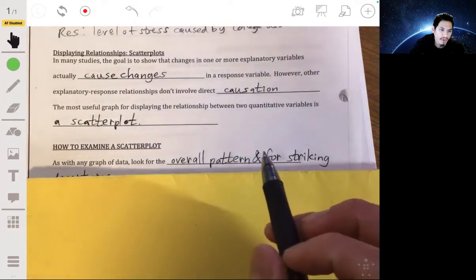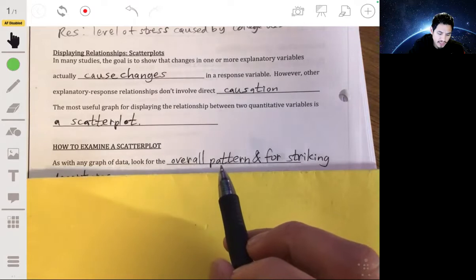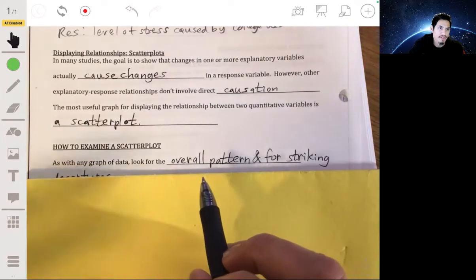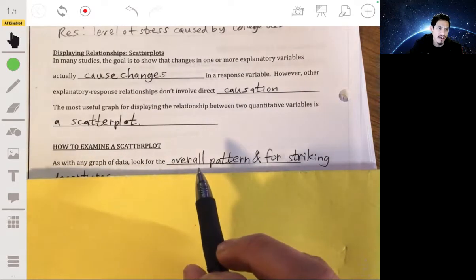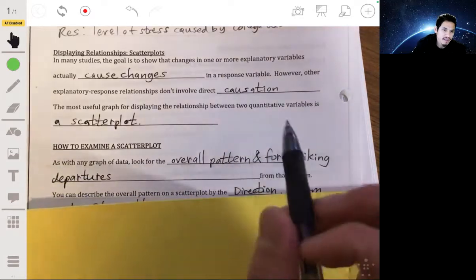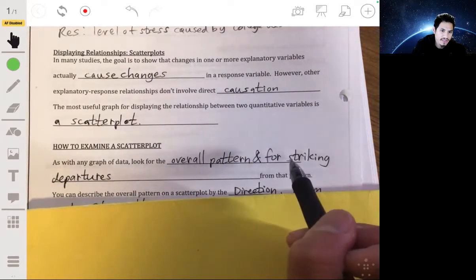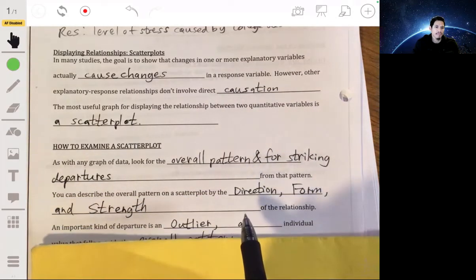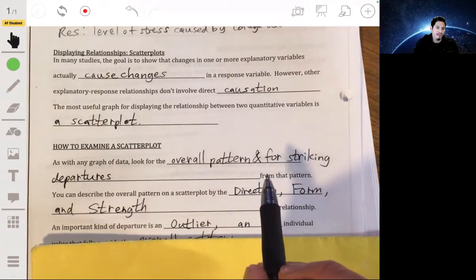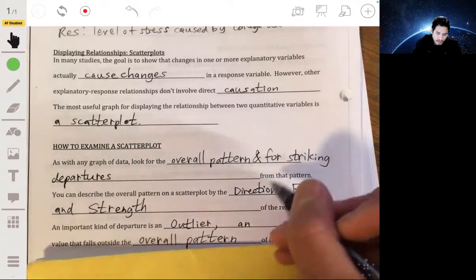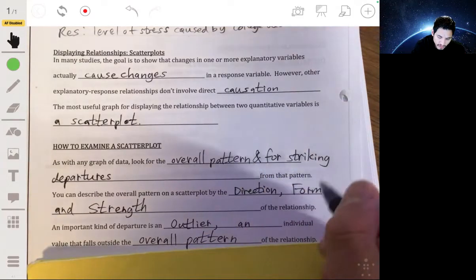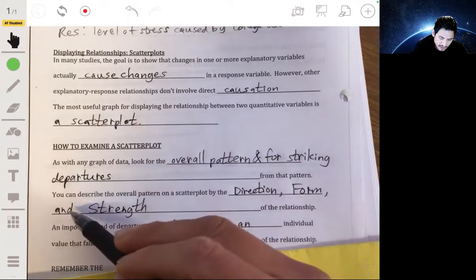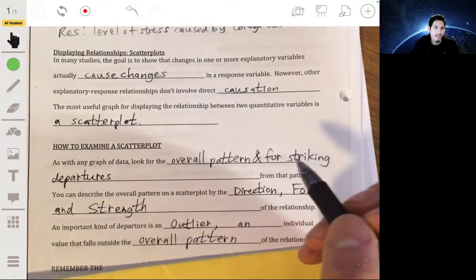So when we make a scatter plot, we have general guidelines for talking about them. We want to basically look for the overall pattern and for any striking departures or any abnormalities from that pattern. So we will focus on the direction of the pattern, the form of the pattern, and the strength of the pattern.